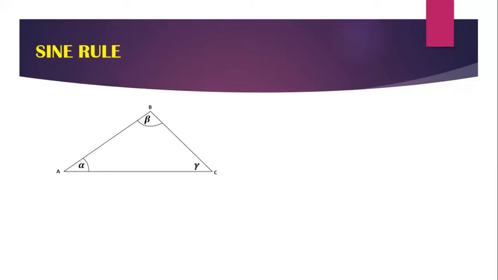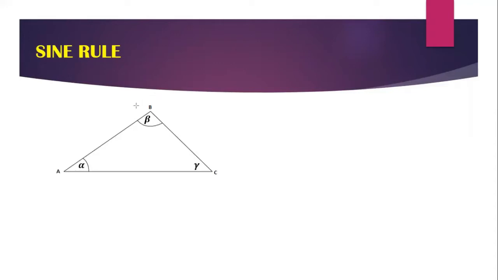Side AB and side AC cover alpha. Side BC and side CA cover gamma. And then side AB and side CB cover beta.